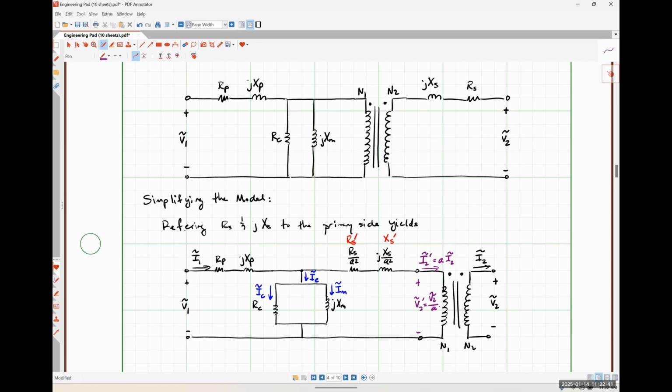Now, the reason why I am making a note of those particular quantities is because if we understand what that current is and what that voltage is, if we had some sort of load, I'll draw it in gray right here, ZL, and we referred this load also over to the primary side of that ideal transformer, there's no need for us to even have the transformer in our model anymore.